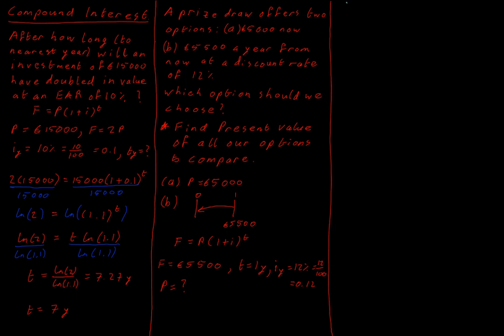So subbing in, we have €5,500 is equal to what we are looking for, the present value, on 1 plus 0.12 to the power of 1. Rearranging, as they have in the log tables, 1.12, and we can put in the power of 1 just so it looks more similar to more complicated situations.